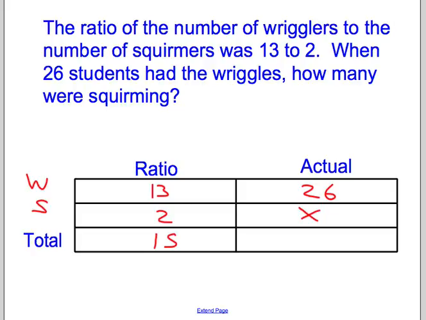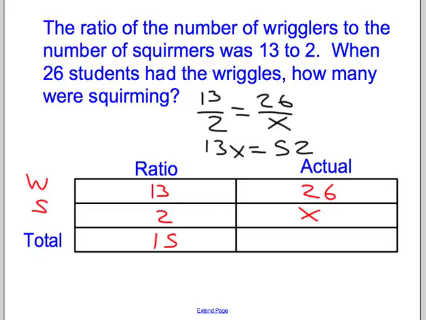So my proportion would be 13 over 2, just taking the two rows that have both pieces of information. 13 over 2 is equal to 26 over x. Do your cross products. 13x is equal to 52.